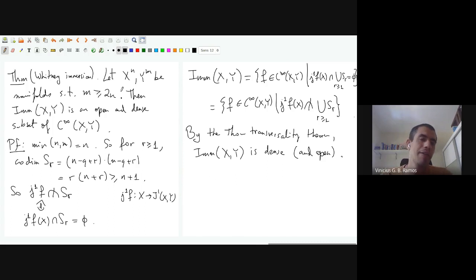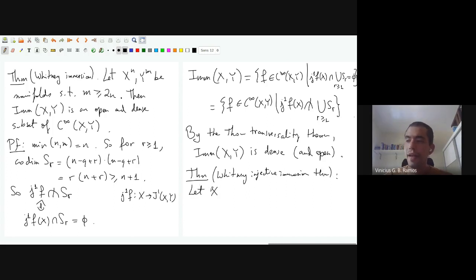Now we're going to increase the dimension by 1, and we're going to look at embeddings. Well, not quite. We're going to look at one-to-one immersions. I'm going to call this the Whitney injective immersion theorem.